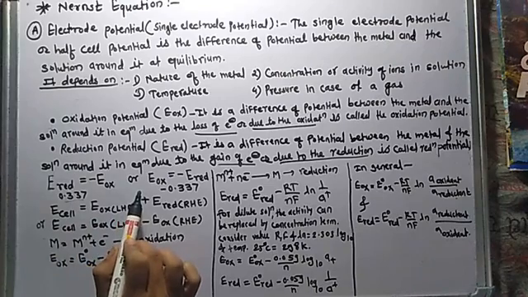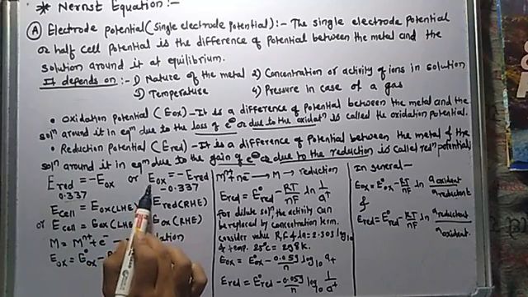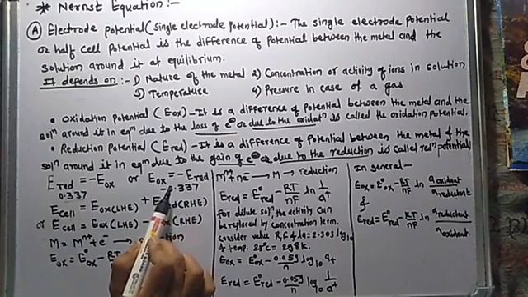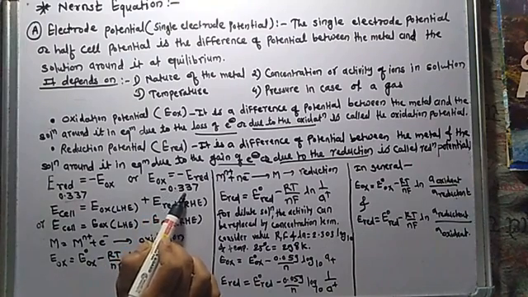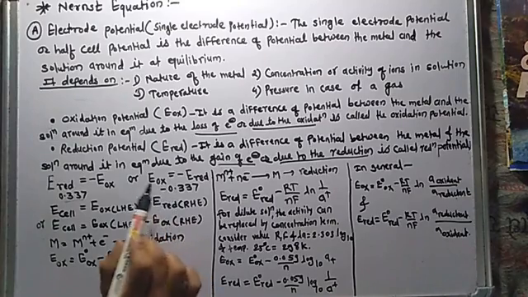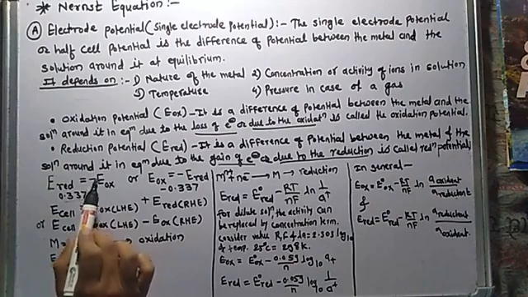Otherwise, it will be represented as E oxidation is equal to minus E reduction, and the oxidation potential is minus 0.337. Remember that the reduction potential of the electrode is equal to the oxidation potential, but only the sign is reversed.